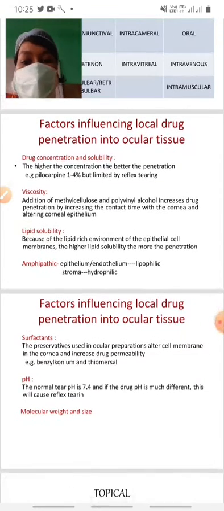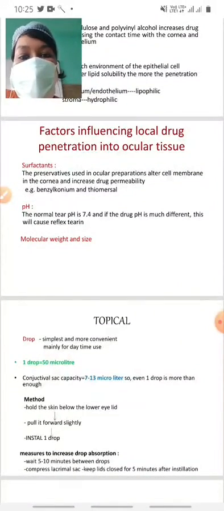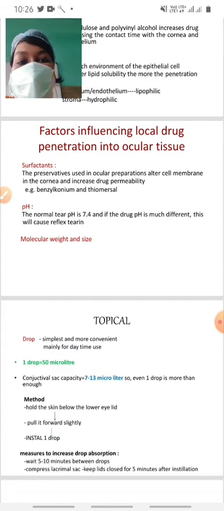Next is the lipid solubility, because the more lipid soluble the drug, the more is the absorption into the eye.